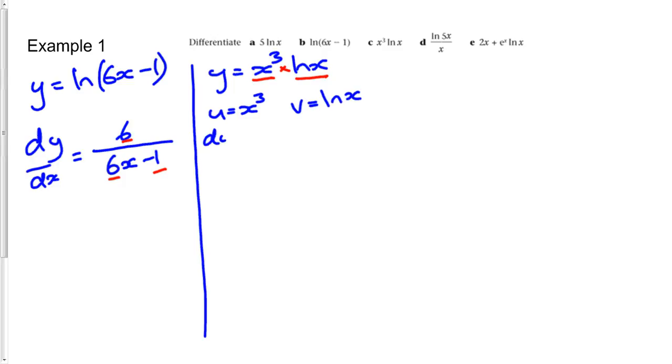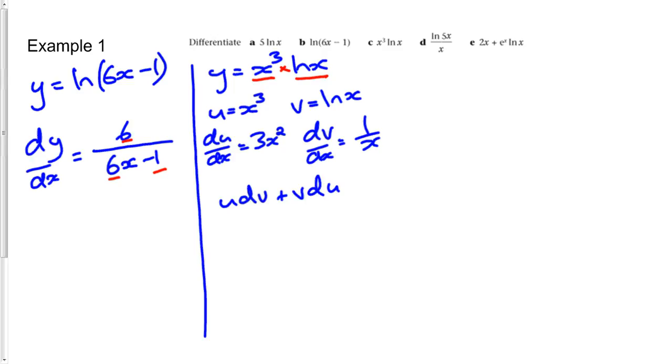If we differentiate u, we get 3x squared. If we differentiate v, we get 1 over x. And once we've done that, again, it's the product rule, so it's u dv plus v du. So u dv will be x cubed times by 1 over x. We'll do all the cancelling in a second. And then v du is 3x squared times log x.